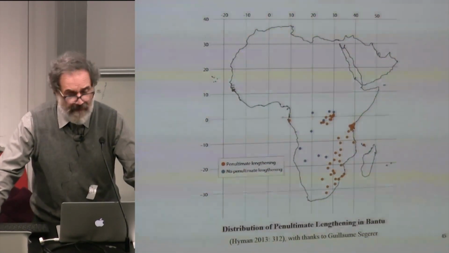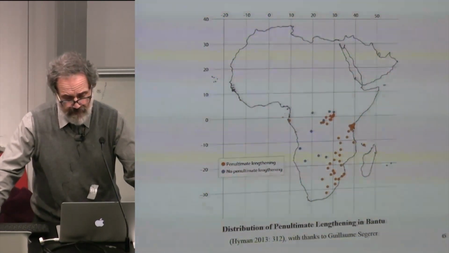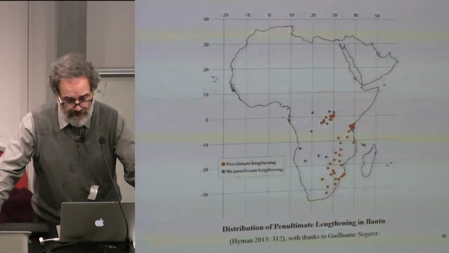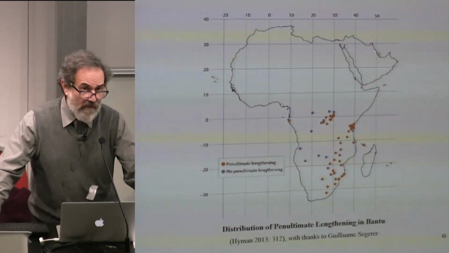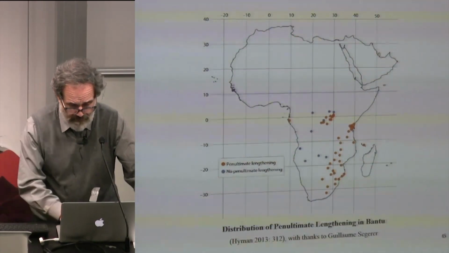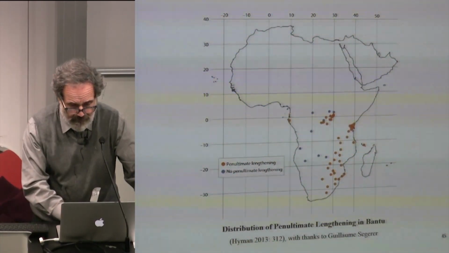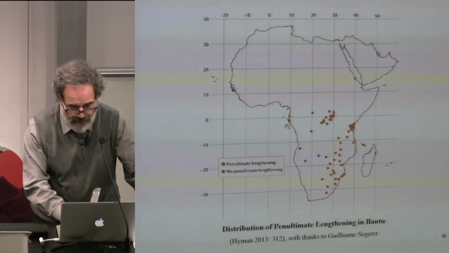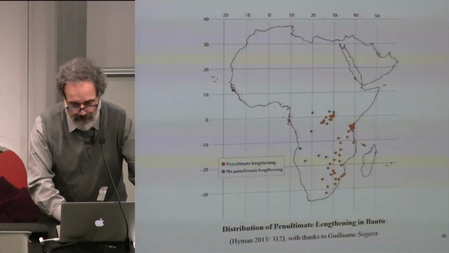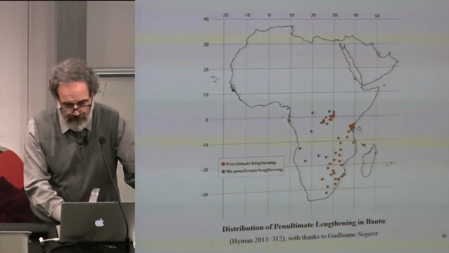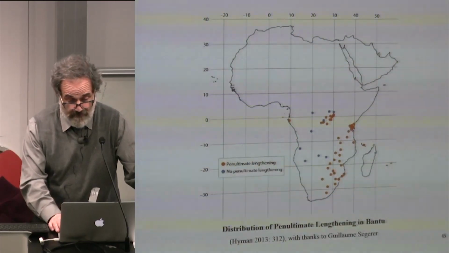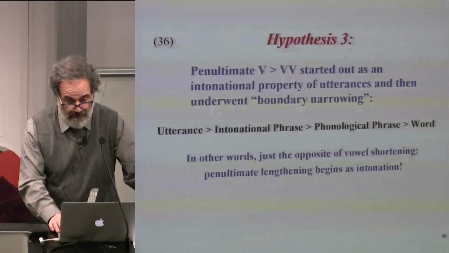So it's very areal. It's in the east and south of the Bantu zone that you get this. The blue ones are more on the west side, with one exception way over here in Pongwe, in Gabon. But otherwise they're all contiguous there with the penultimate lengthening.